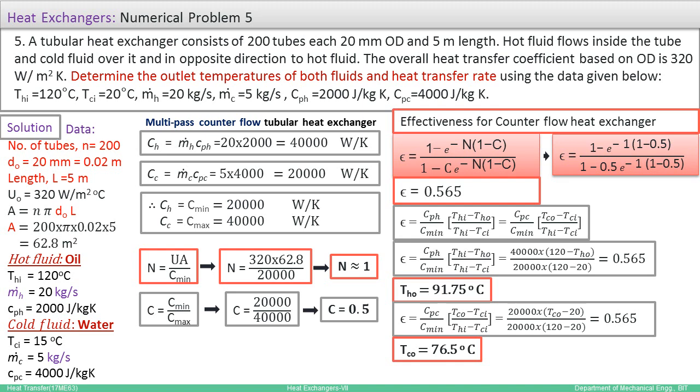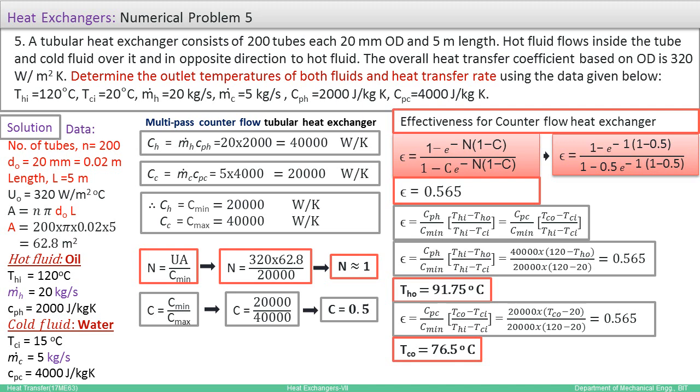The method to find these outlet temperatures is made simple by using the effectiveness equation or effectiveness graph. Since the graphs are available for known values of C and N, directly we can obtain the effectiveness also. But here I have tried out the effectiveness equation for counterflow.